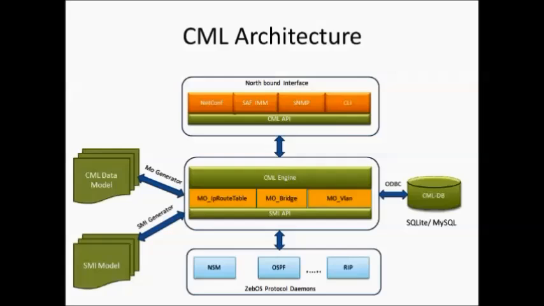Towards the northbound, we have the CML API layer which can hook to any northbound management application, let's say netconf, CLI or SNMP. So once you have written the data model, generated the necessary code and built everything, your system is ready to be managed. To give you an example, let's say that you want to manage all the interfaces of your system.